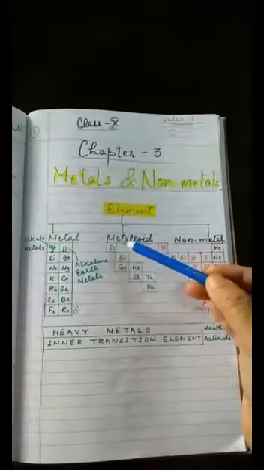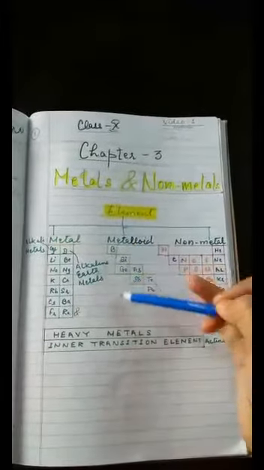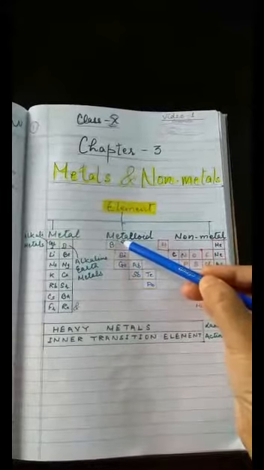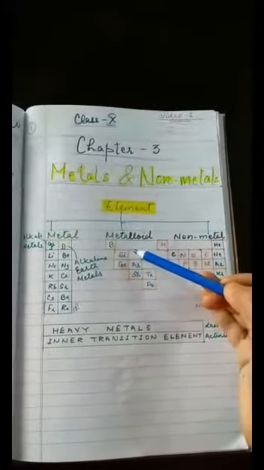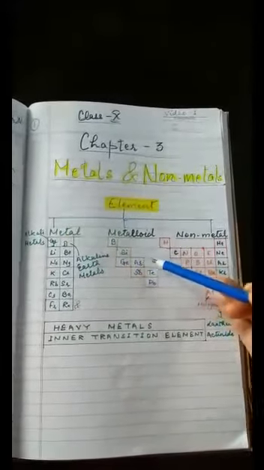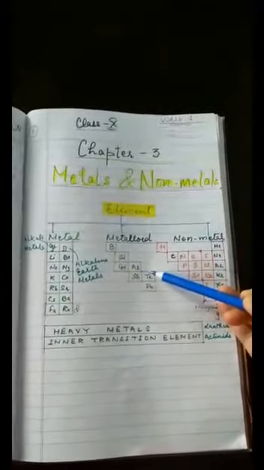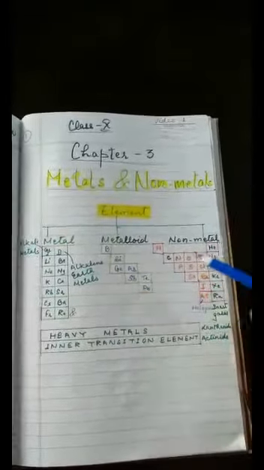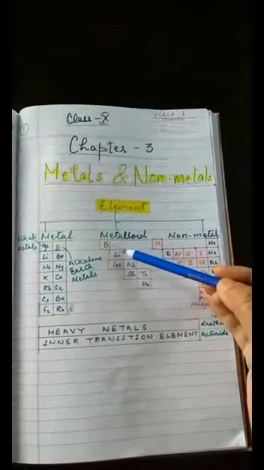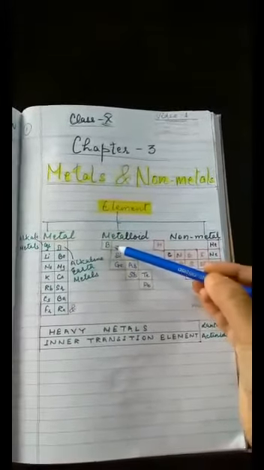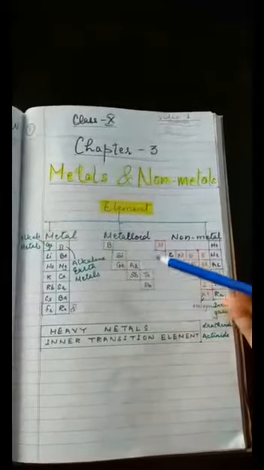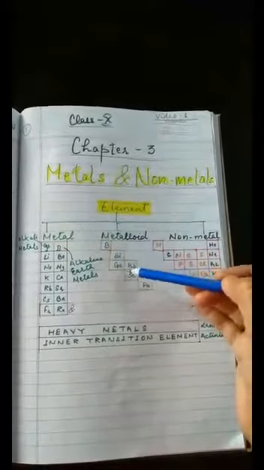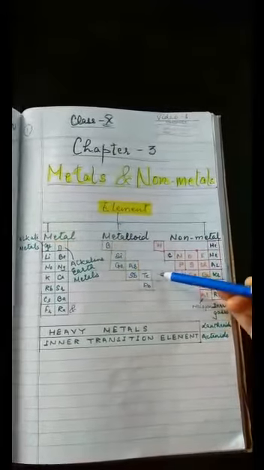Always remember these 7 metalloids. Boron is from group 13, silicon and germanium from 14, arsenic and antimony from 15, and tellurium and polonium from 16. You must remember the groups also.